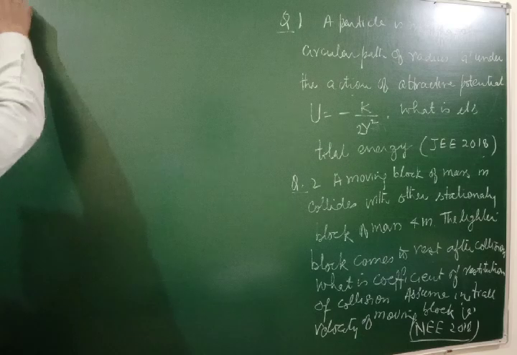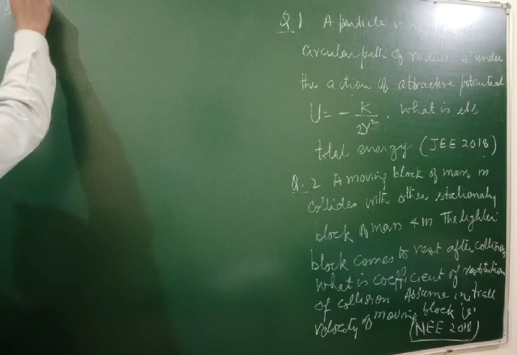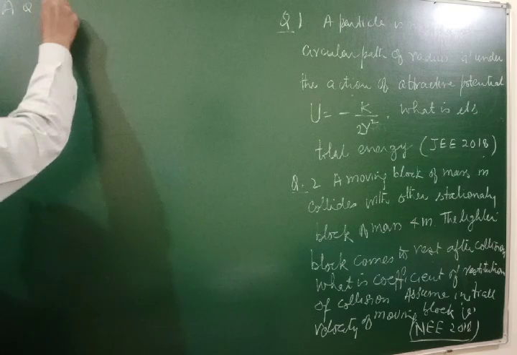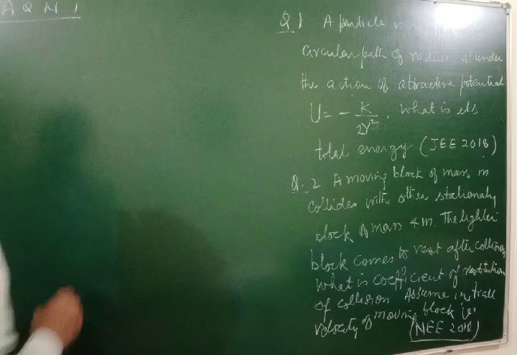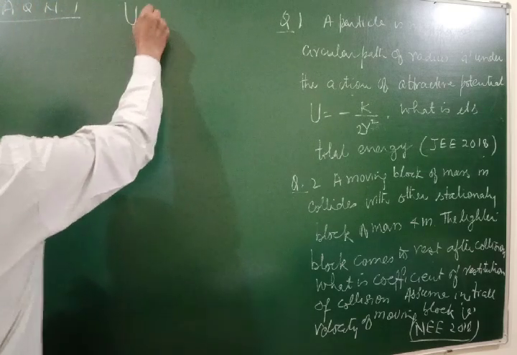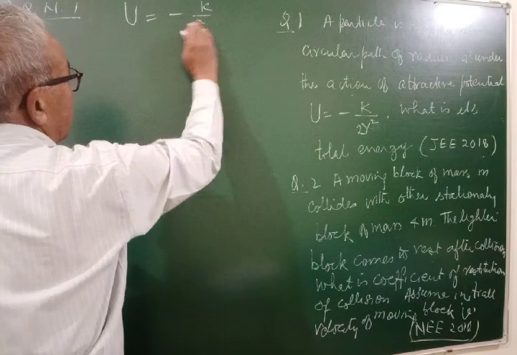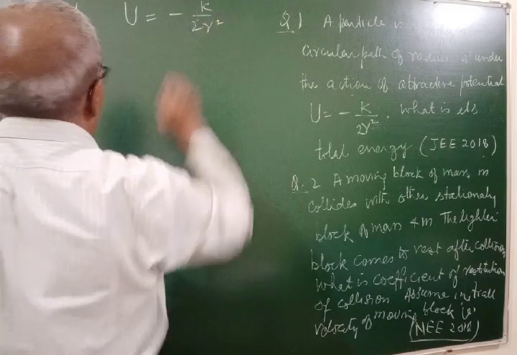Answer to question number 1. U is given by minus K upon 2R square.